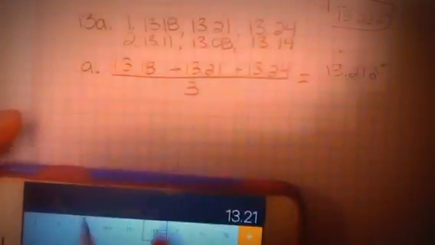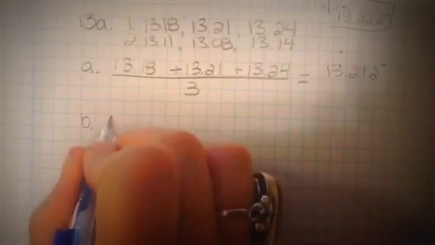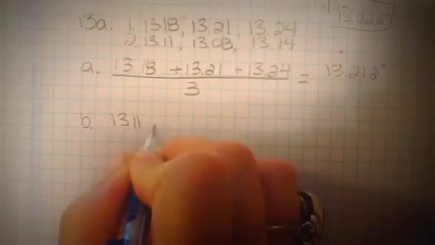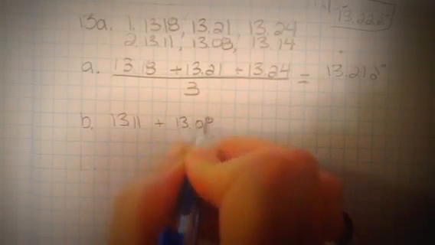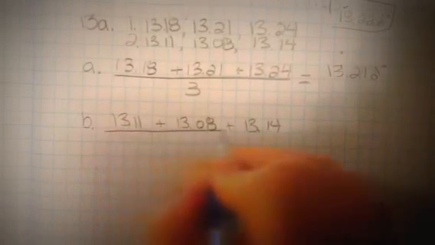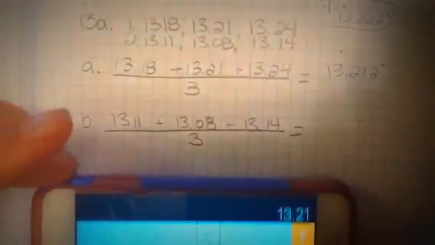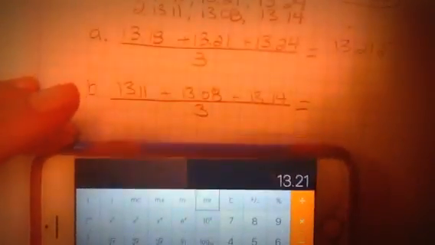So the calculation gives 13.21. Then, going through again, we have 13.11 plus 13.08 plus 13.14. Again, only three data points, and we calculate our mean here. I'm going to scoot this up.